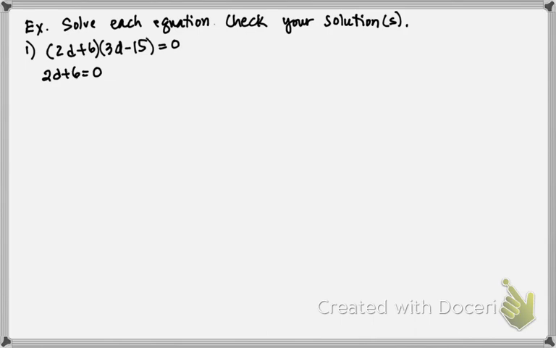So we're going to do the 2d plus 6 equals 0. Actually, let's change him up. Let's do a little color on that. Equals 0, and then we're going to take the 3d minus 15 and set that equal to 0.